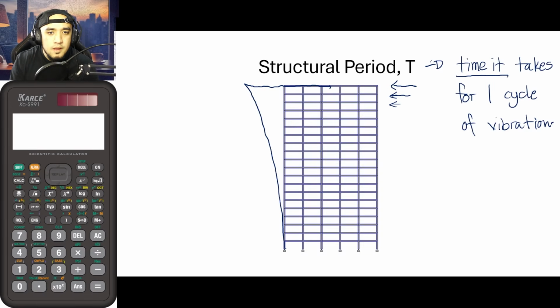And after swaying to that side, the building has a tendency that it wants to go back to its original position. By virtue of its self-inertia, it wants to go back to its original vertical position. So it would apply a certain force to itself to go back to its original position.